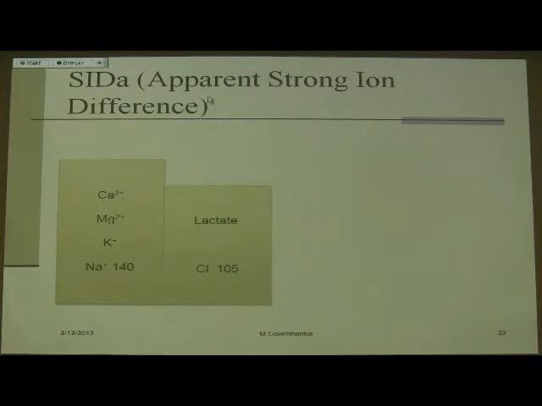So it's called apparent strong ion difference because people decided that they were going to modify the original Stewart formula. So we have the cations that we're going to measure, we have the anions that we're going to measure, and therefore there is a strong ion difference of about positive 40. So the strong positive ions are going to outnumber the strong anions, and you get positive 40.